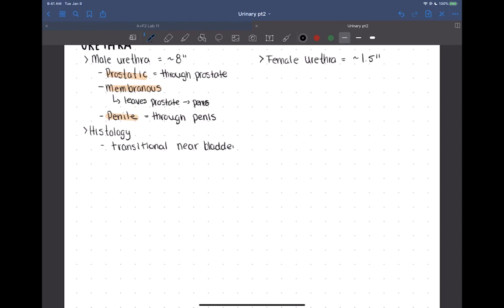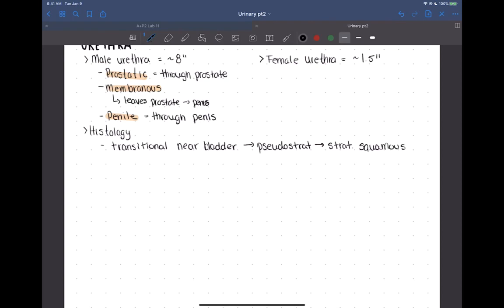Then it is going to change to pseudostratified, and then to stratified squamous when we're near the external opening. So it transitions as we go from the more internal portion of the urethra to the external opening.